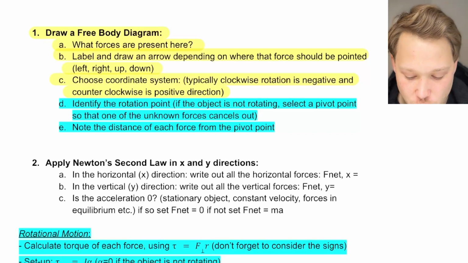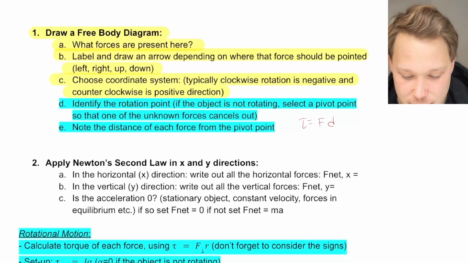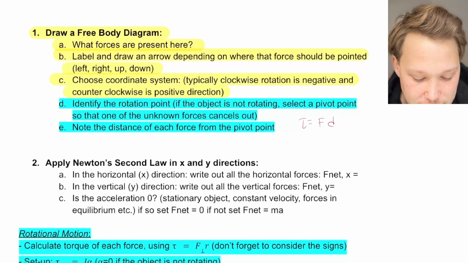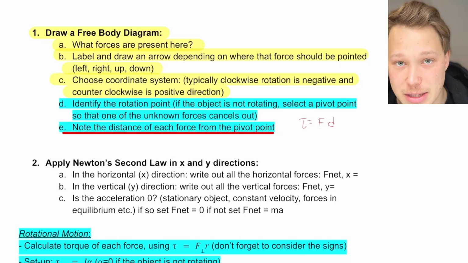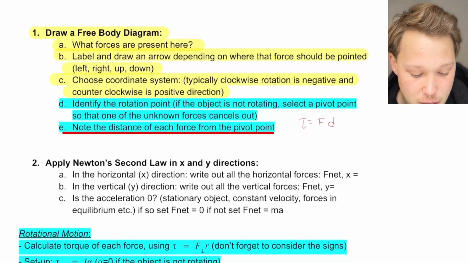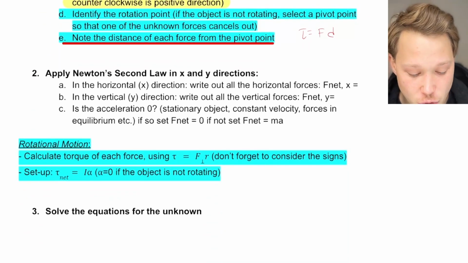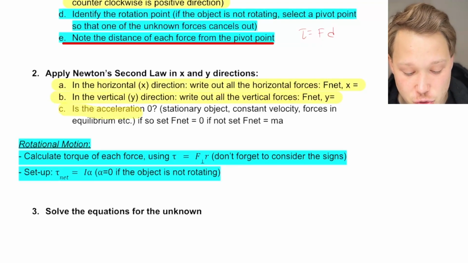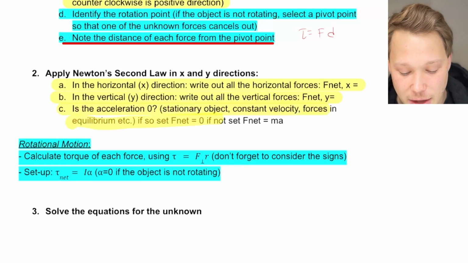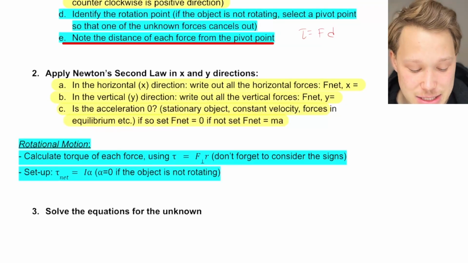And since torque is equal to force times distance, you need to find the distance of each of those forces from the pivot point that you picked in the previous step. Just like in the unit on forces, you have to sum up all your forces in the horizontal and vertical directions, and set them either to 0 or ma, depending on whether there is acceleration in the system.